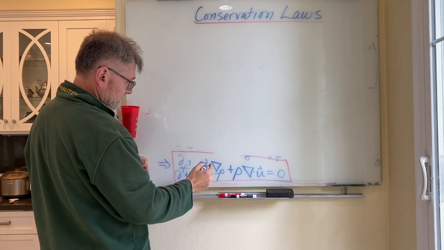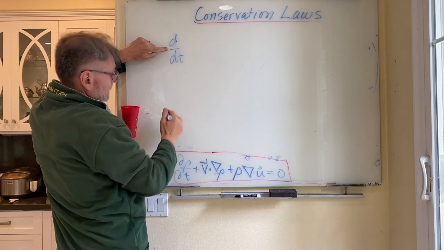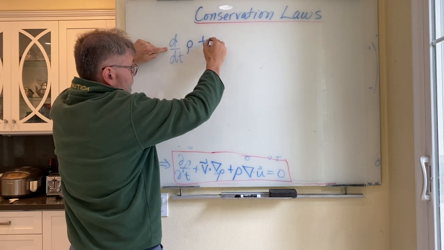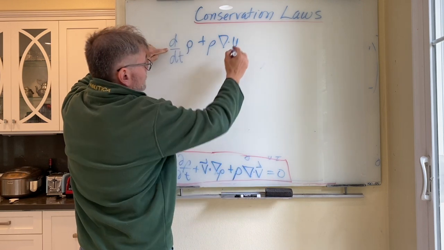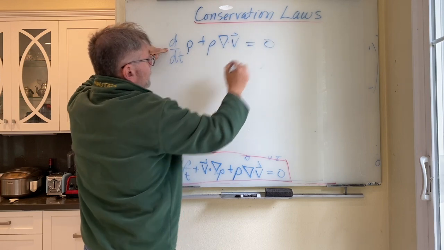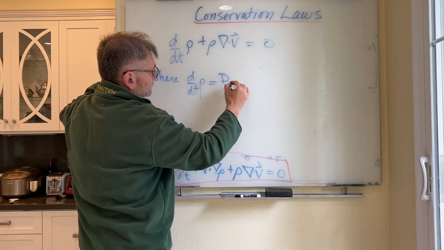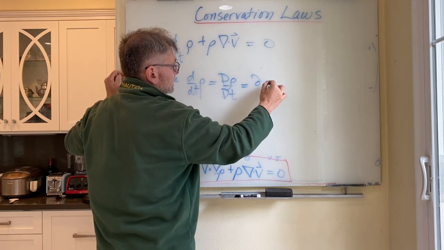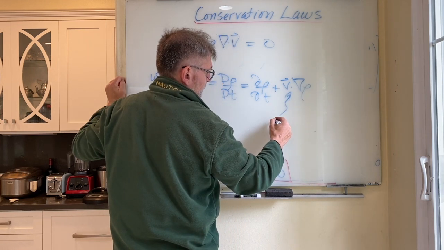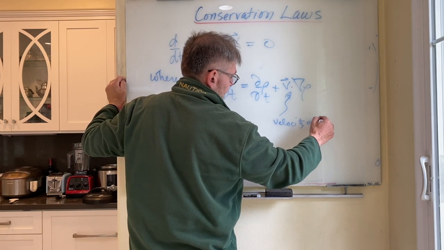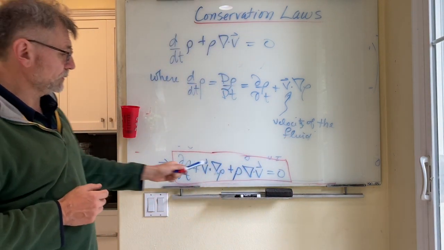We'll use the big D by dt, the upright D, of rho plus rho div dot v equals 0, where D rho dt is equal to d rho dt plus v dot grad rho, where v is the velocity of the fluid. All right, so much for conservation equations.